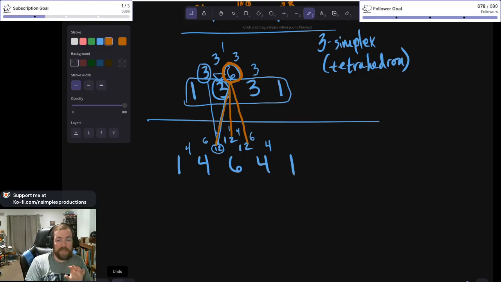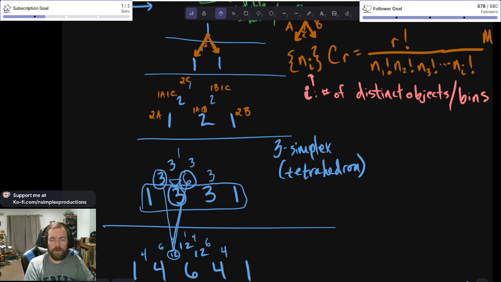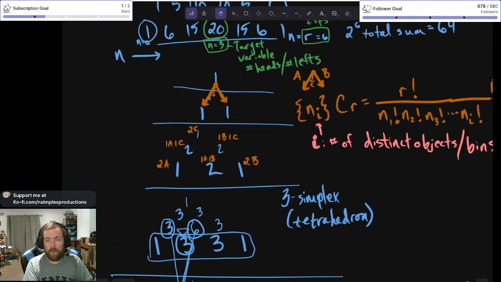You could also get the numbers on the next layer and the next layer and the next layer by doing some interesting math. So anyway, this keeps going, and we can get all of those numbers again by working out the partitions.